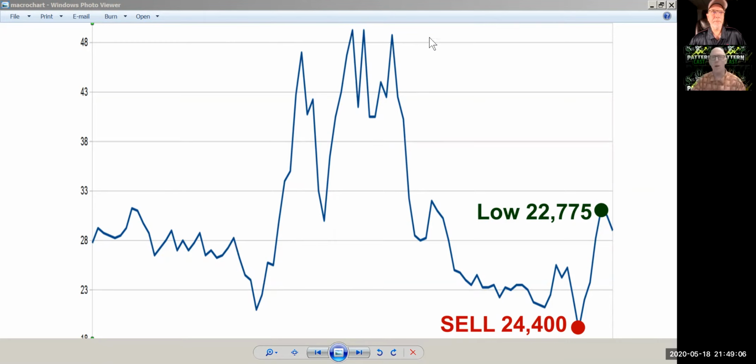Then over there on the top, all those crazy high spikes, those are the signals as the market was selling off into the bottom in March. And then over here on the right, again, the macro numbers are coming all the way back down to what we use as our sell signal for last week.